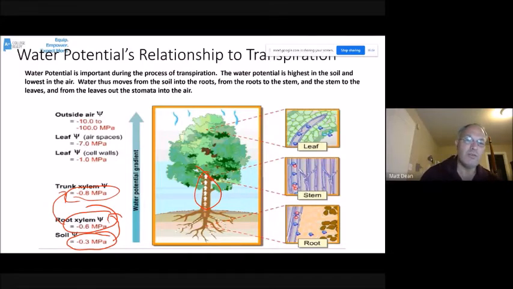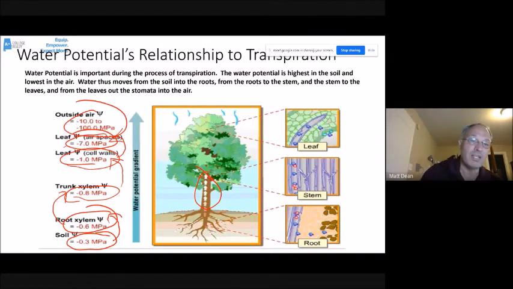Well, in the leaf, the water potential is negative 0.1. Well, in the trunk, negative 0.8 is lower than negative 0.1. So water moves from lower to higher... from the trunk to the leaf. In the air spaces around the leaf, that water potential is negative 0.7. So again, water moves from higher to lower water potential. And then finally, outside the stomates, the water potential is even lower.